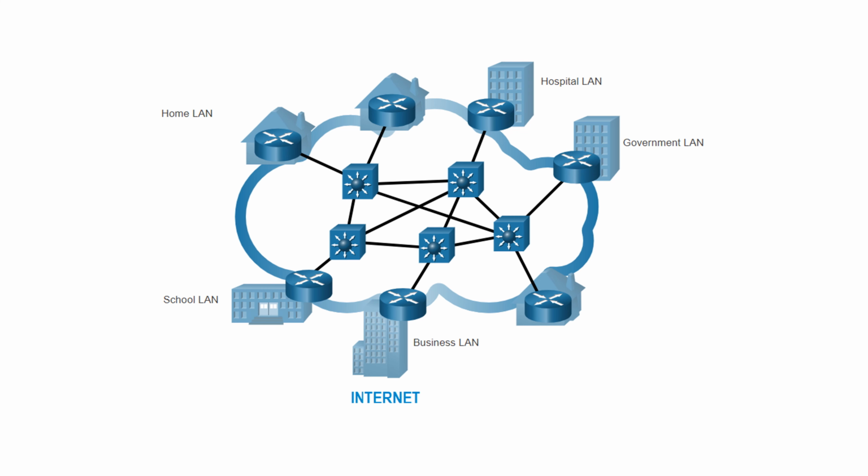The Internet is a worldwide collection of interconnected networks. Local area networks are connected to each other through WAN connections. WANs are connected to other WANs, and there are a variety of ways they are connected, as we mentioned in the slides before: copper wires, fiber optic cables, or even wireless transmission.